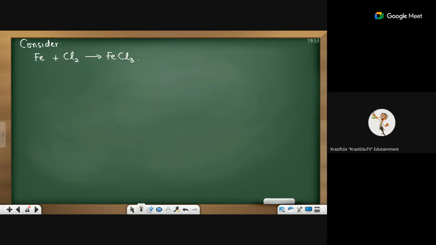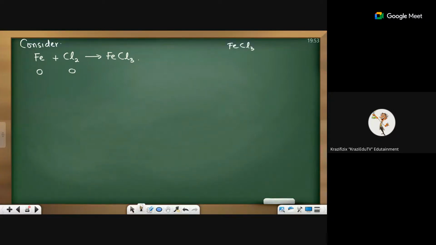An element in free state has oxidation number of 0. So iron here would have oxidation number of what? 0. Chlorine gas will have oxidation number of what? 0. It's a free state element. Now, on the right hand side, what do we have? We have a compound. Let's do it on the side. FeCl3.